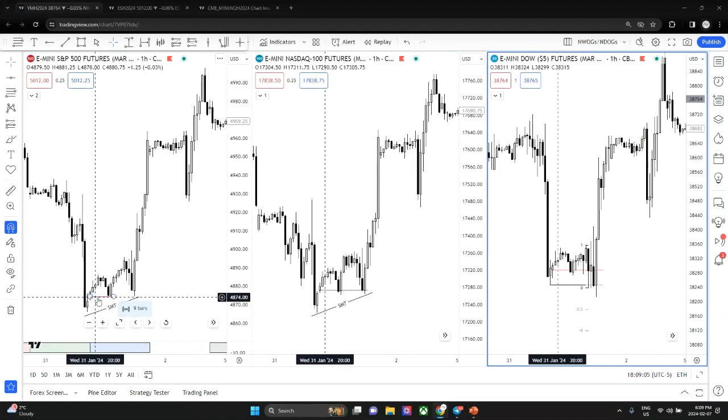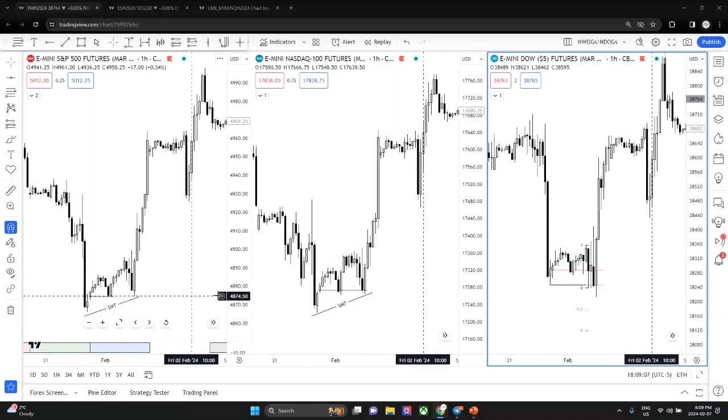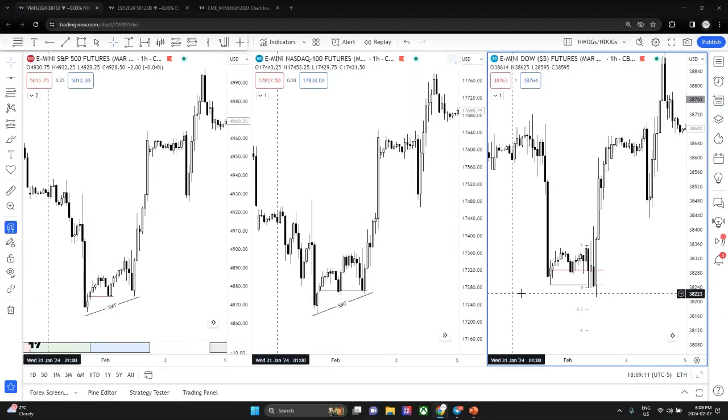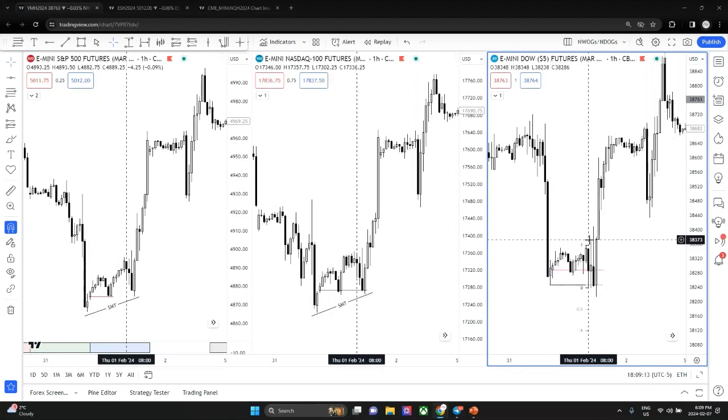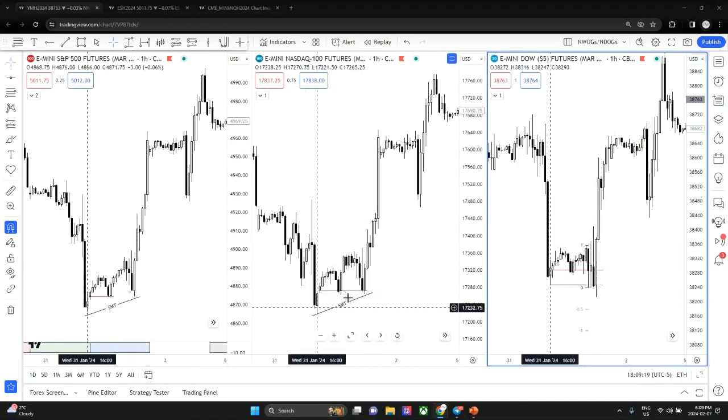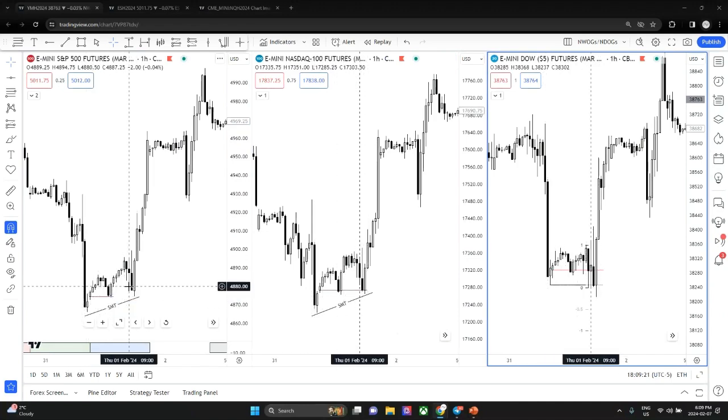But there is a catch. Usually, the market that is the weakest, which would be Dow, due to the fact that it took out the low while these couldn't, these are stronger.